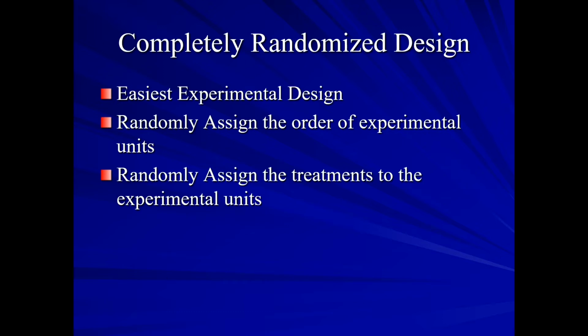Well, suppose we have 16 seeds, and we want to measure how some type of a fertilizer, let's say something with 10% nitrogen, 15% nitrogen, 5% nitrogen, and no nitrogen, are going to impact the growth and the yield of our particular plant.